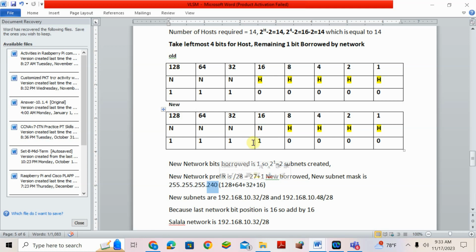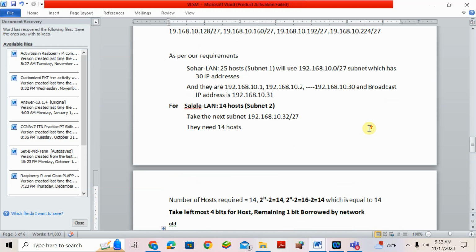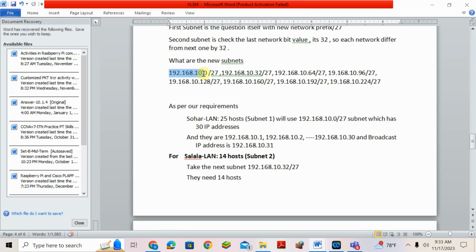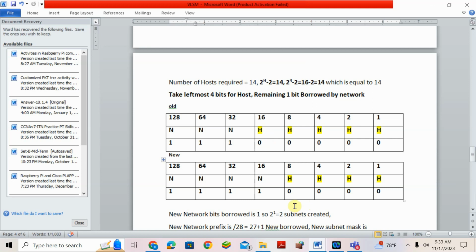What are the new subnets? First, where do we start from? We started from subnet 2. Subnet 1 is already given to Sohar. After that we take the second one for Salala, dot 32. So that was the starting point. From there I need 2 subnets. How do the subnets differ? The last network bit value is 16.